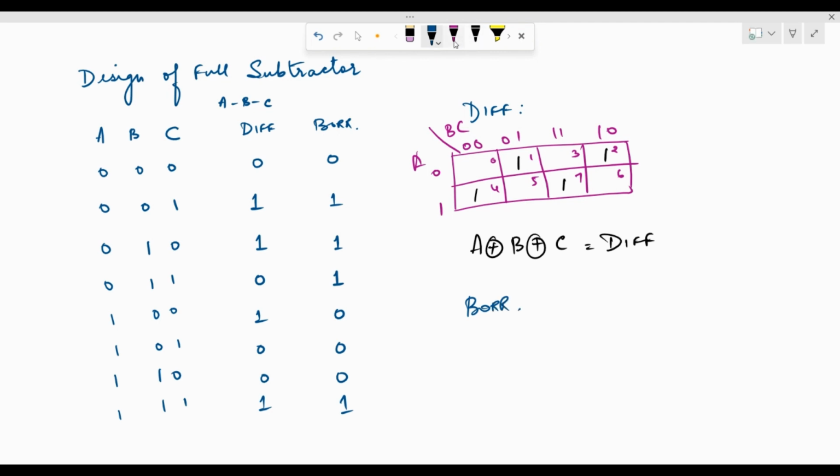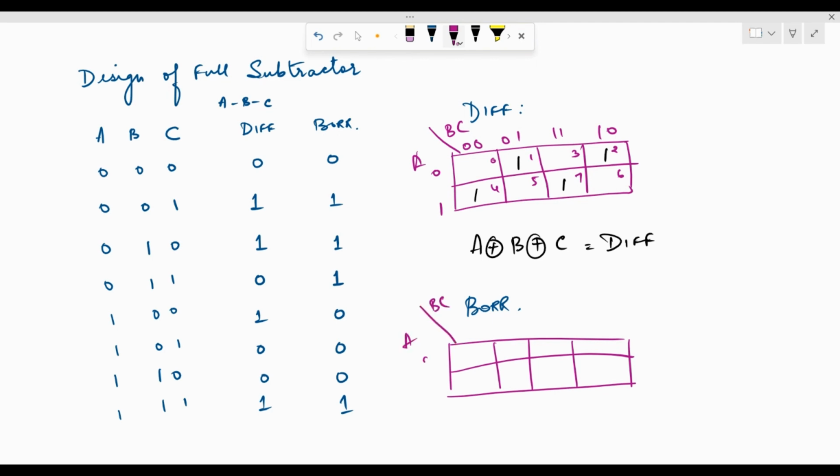So for borrow, again, I have to draw a 3 variable K-map. So here we have A, B, C, 0, 1, and this is going to be numbered as 0, 1, 2, 3, 4, 5, 6 and 7.